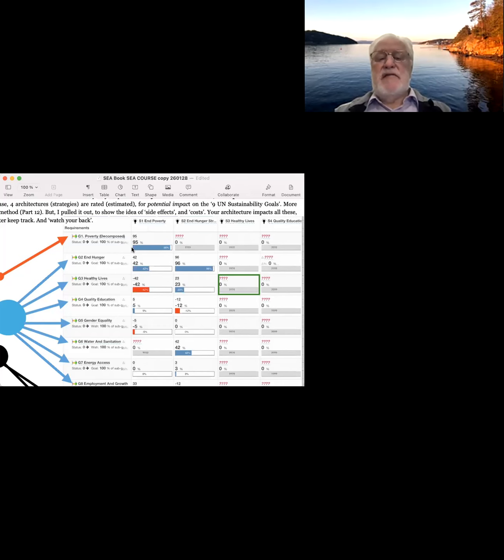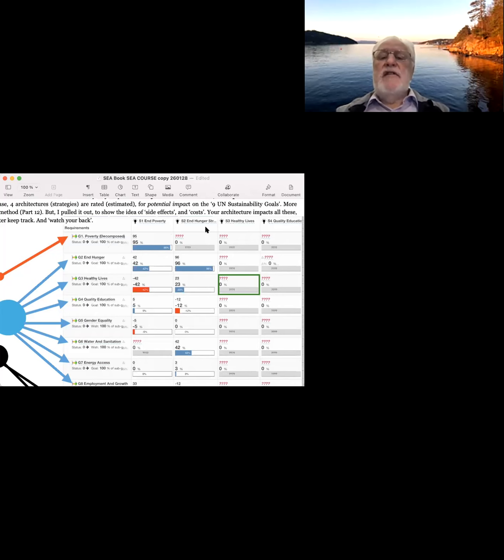But somebody has estimated and says, well, it satisfies our goal of getting to 100% reduction of poverty at a certain time or date, like 2035 or something like that. And it gets us 95% of the way. So pretty good architecture, but not enough. This little white area says, we don't even believe that our architecture for ending poverty is good enough to actually get to our goal on time.